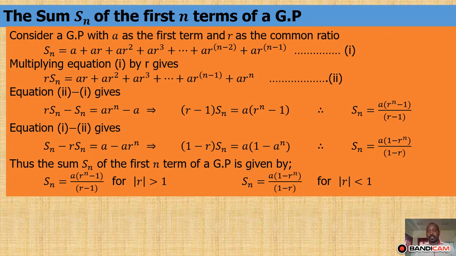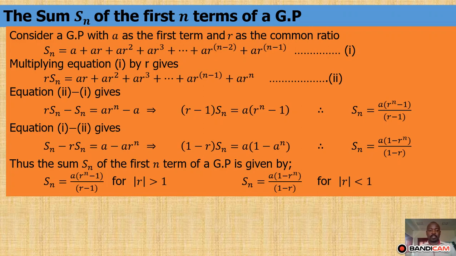As you can see, we have two expressions for the sum of the first n terms of a GP. So when do we use these expressions? The first expression, Sn equals a(r^n minus 1) over r minus 1, is used when the modulus of r is greater than 1.